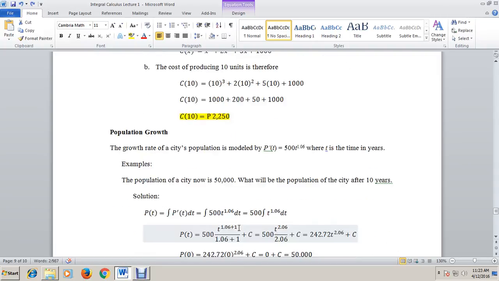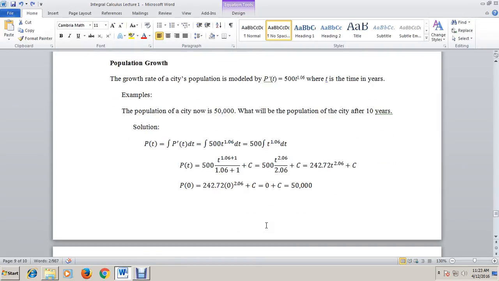Okay, so the last of the applications in this lecture for the indefinite integral is on population growth. The population growth is defined as the growth of a city's population and is modeled by the formula p prime of t is equal to 500 times t raised to 1.06, where t is time expressed in years.